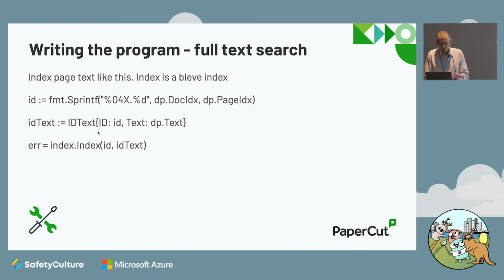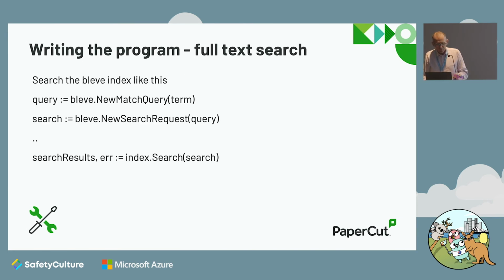In our case, the documents correspond to pages of PDF text. This would be the extracted text. And you also feed Bleve an ID that identifies that particular document. You run it into Bleve. Bleve creates an index over all the documents, and it does it quite efficiently.